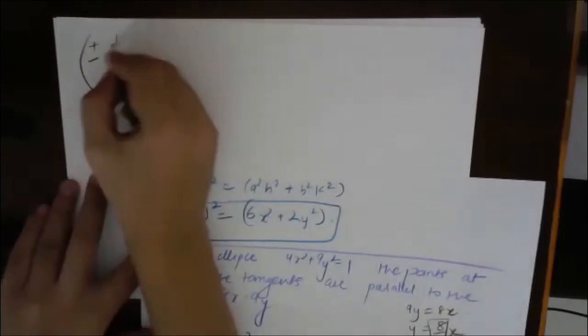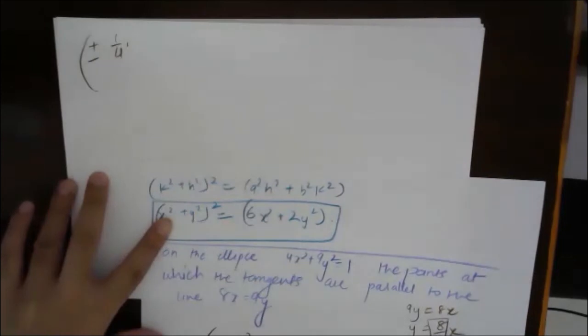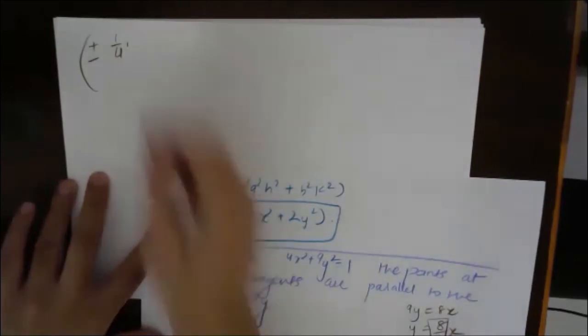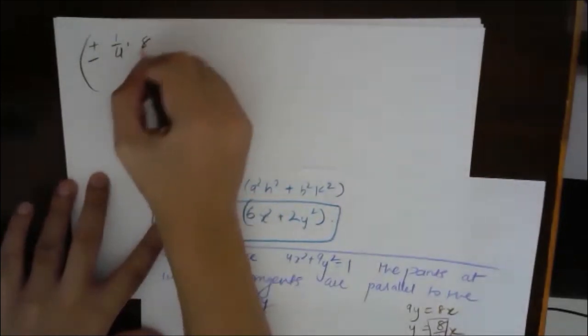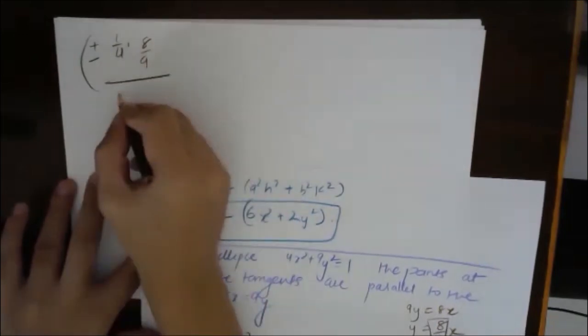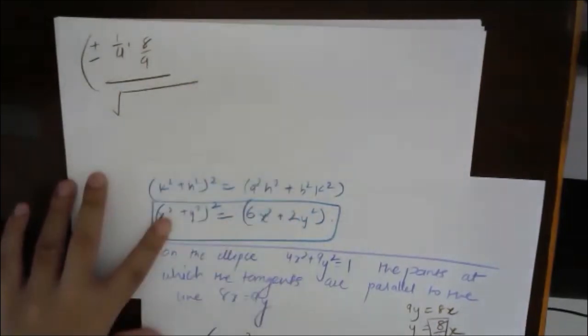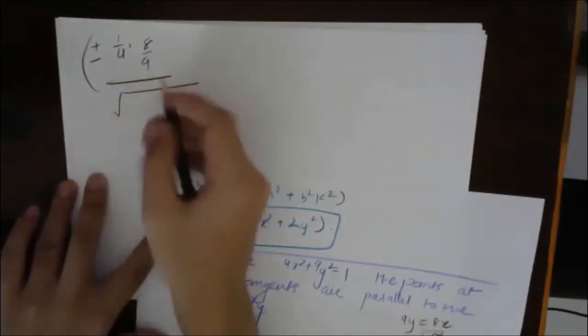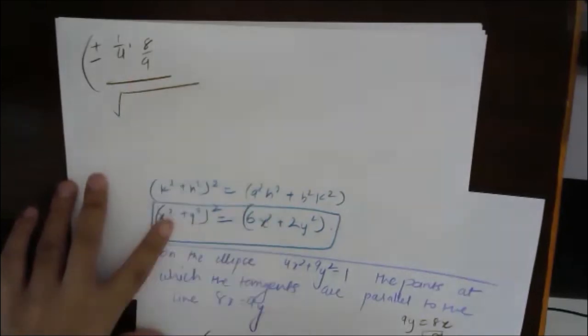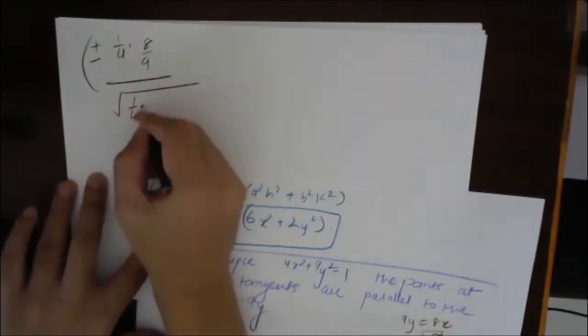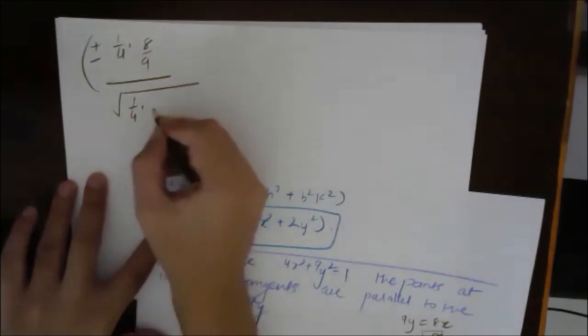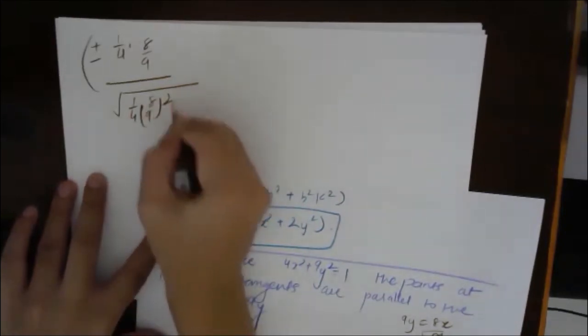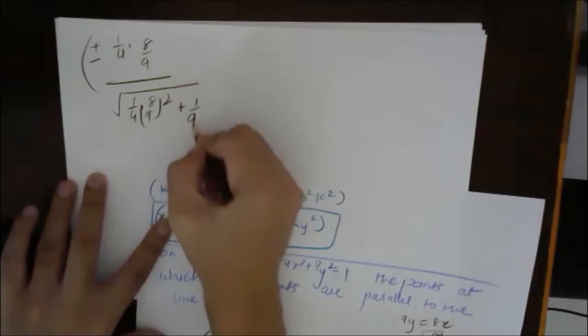plus minus a square is 1 by 4, so 1 by 4 into m. M is what? 8 by 9. 1 by 4 into 8 by 9 by under the root of a square m square plus b square. So a square is 1 by 4, m square is 8 by 9 whole square, plus 1 by 9.